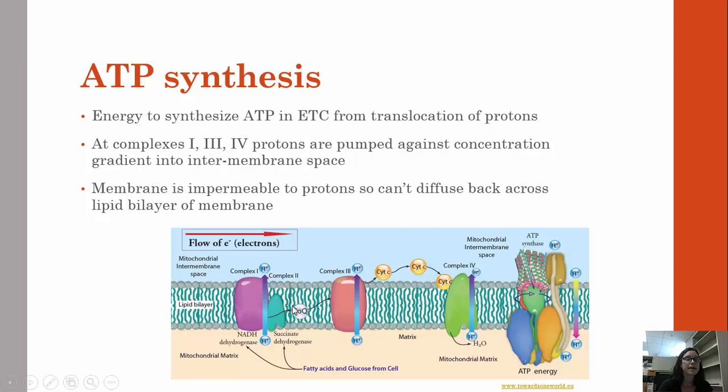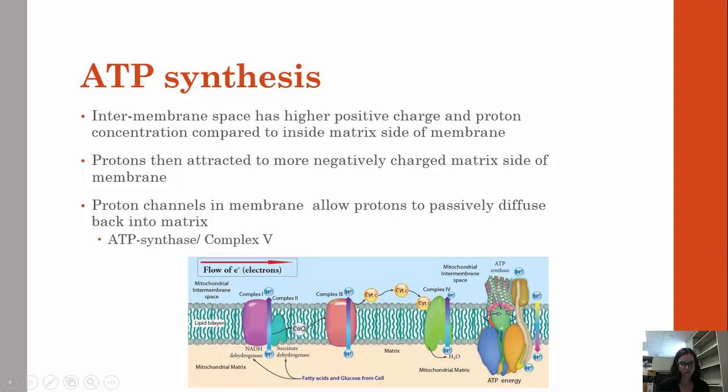Now the membrane is impermeable to protons, so these cannot diffuse back across the lipid bilayer of the membrane. Now, because we have a high positive charge in this intermembrane space and less of a positive charge here, the protons are attracted to the inner matrix, which is more negatively charged.